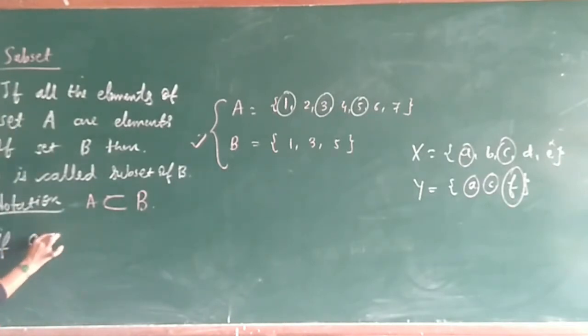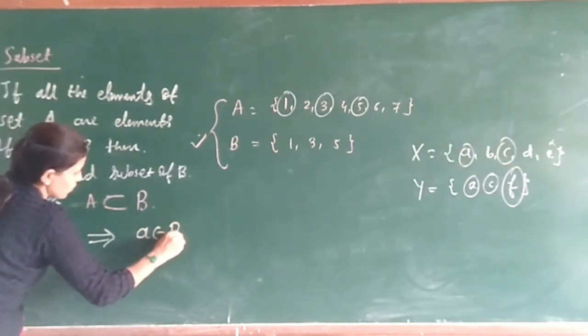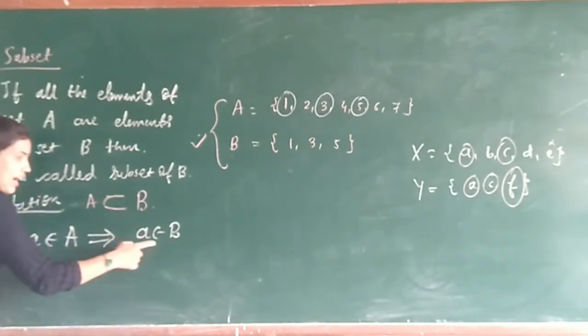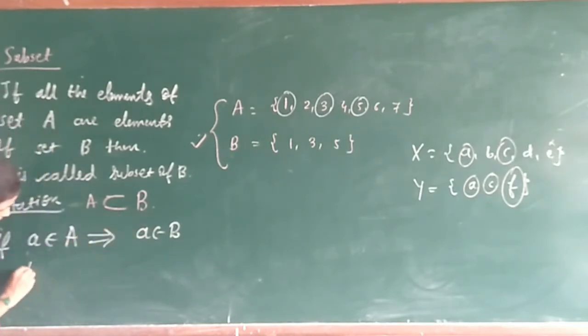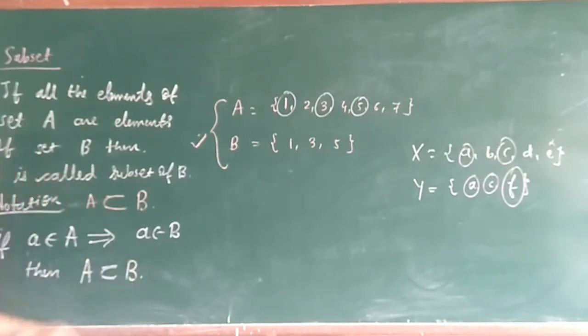If a belongs to A, is this symbol you know? This is known as belongs to. So a belongs to A, that implies a belongs to B. If all the elements of A are the elements of B, then A is a subset of B.